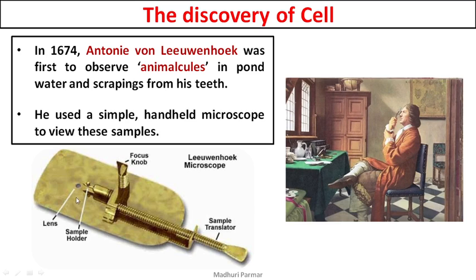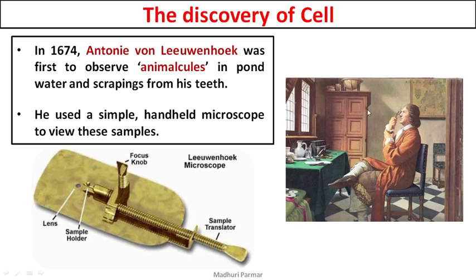What is done is, now this microscope is held vertically, and on the opposite side there should be a light source. This light could either be from a lamp or it could be the natural sunlight. Here you can see Antony van Leeuwenhoek sitting in front of windows.